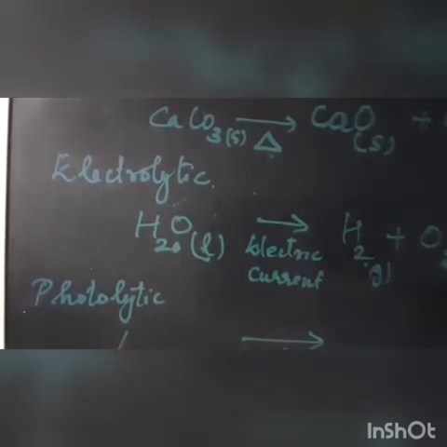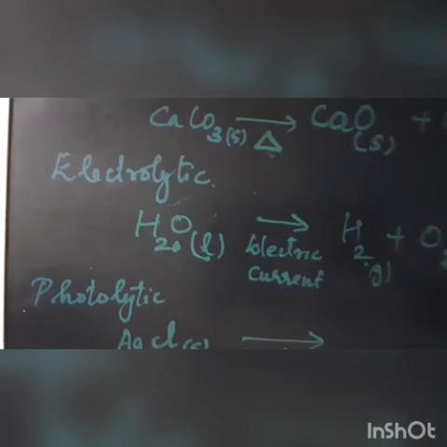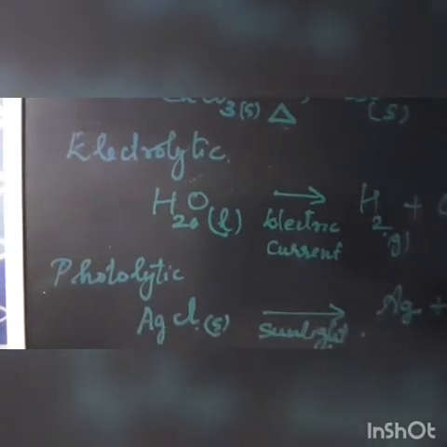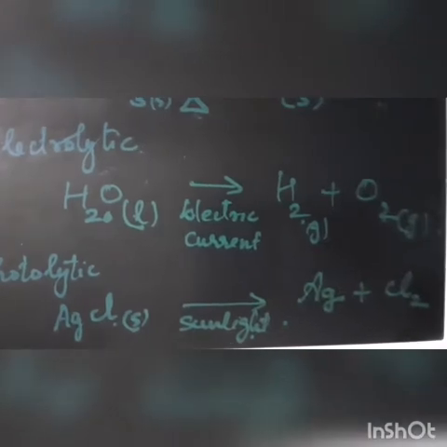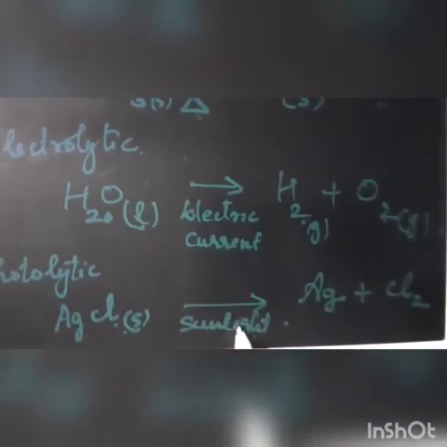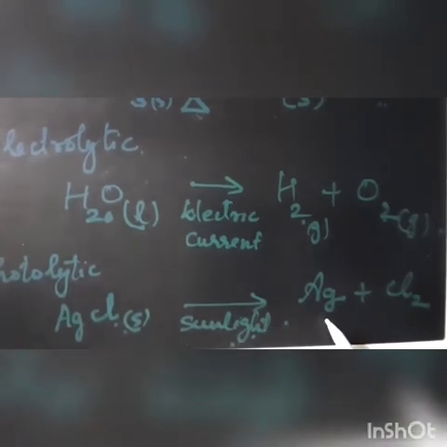For example, silver chloride, AgCl, sorry, not aluminium, silver chloride, which is a solid, in the presence of sunlight splits into silver and chlorine. Understood? AgCl, silver chloride, in the presence of sunlight splits into silver and chlorine.